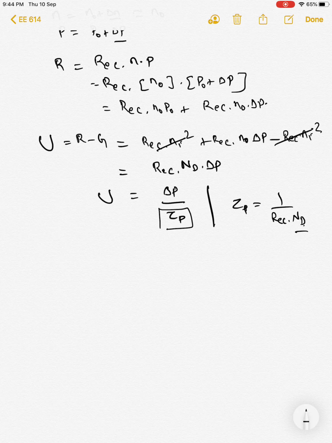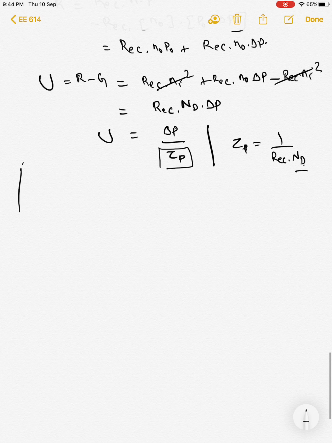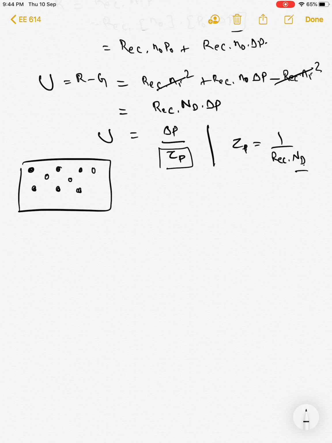If I rephrase this, let us take an n-type semiconductor with some density of electrons, and if I put some minority hole concentration delta p in addition to the p which was already there, this delta p will change in proportion to the density of the electrons that we have, the density of the majority carriers.